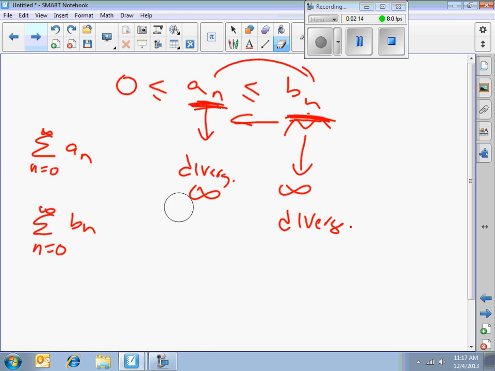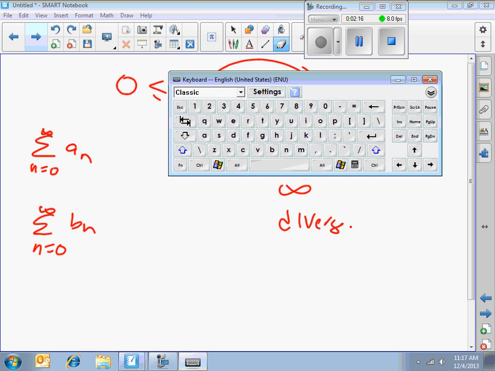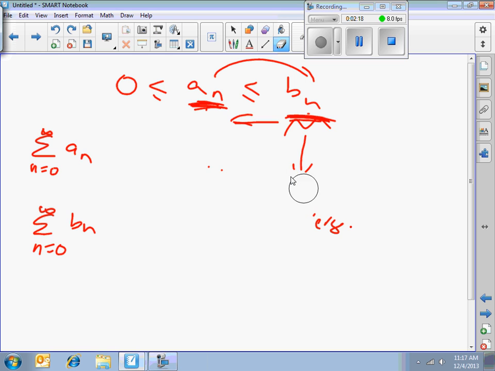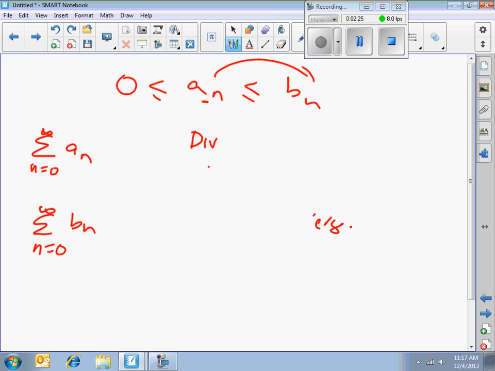Let me point out what we don't know. If a sub n ends up being convergent, in other words, this one is heading to some number, it tells me nothing about b sub n, because this could be heading to a number or it could be going off to infinity.